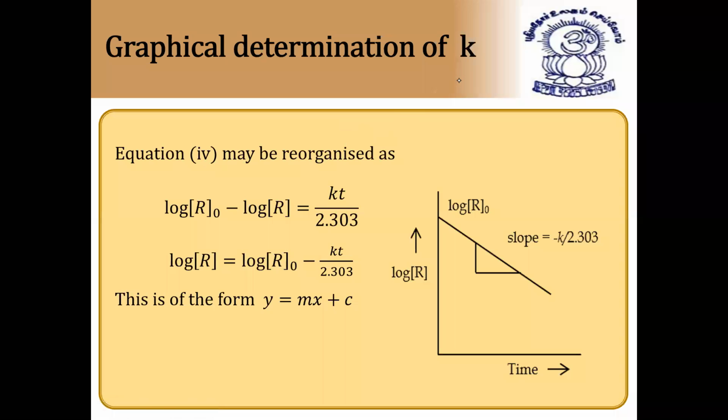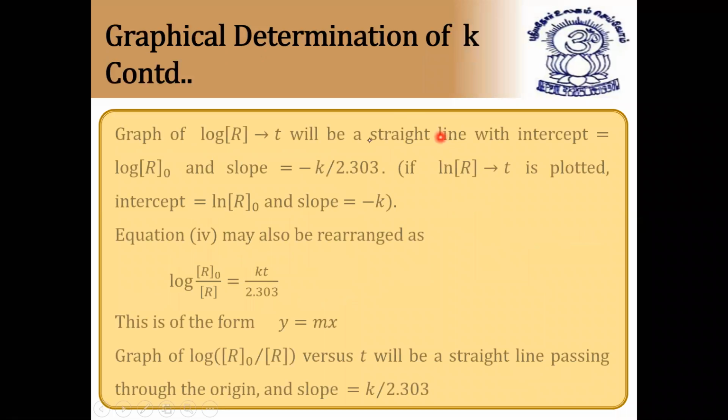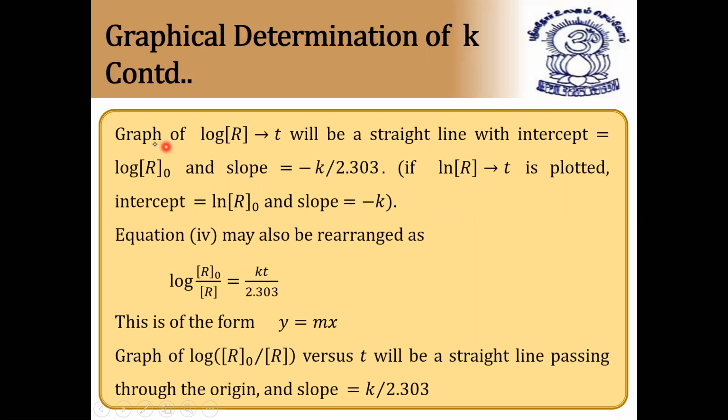So how to find the rate equation for first order kinetics? By this, we can say the graph of log R to t will be a straight line with intercept log R naught and slope equal to minus k by 2.303. This slope value is also very important. They'll ask what is the slope of first order kinetics, what is the slope of zero order kinetics. So ln of concentration R is plotted against t, with intercept, and the slope is equal to minus k.